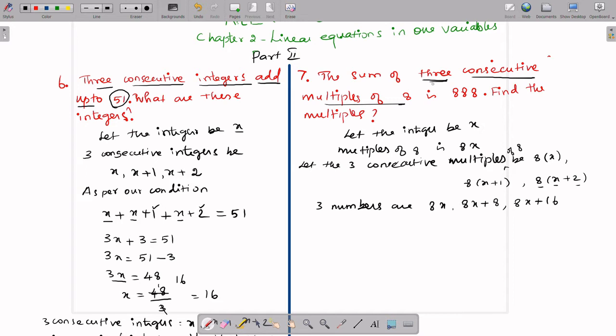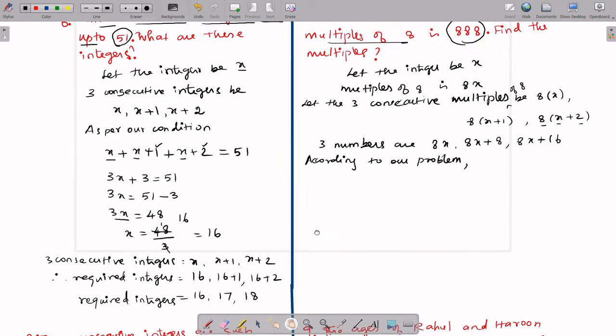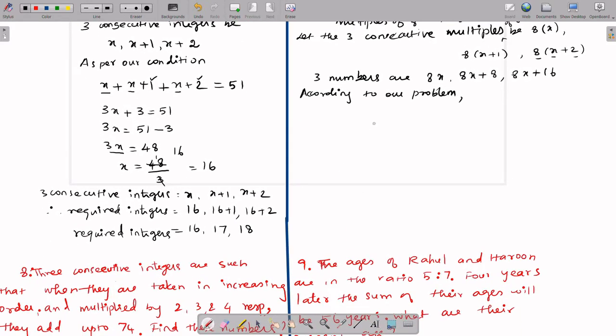Now, when you sum all the three consecutive multiples, you obtain the result as 888. So we have to use that condition. According to our given problem, when you add all the three integers, 8x plus 8x plus 8 plus 8x plus 16, we get 888.